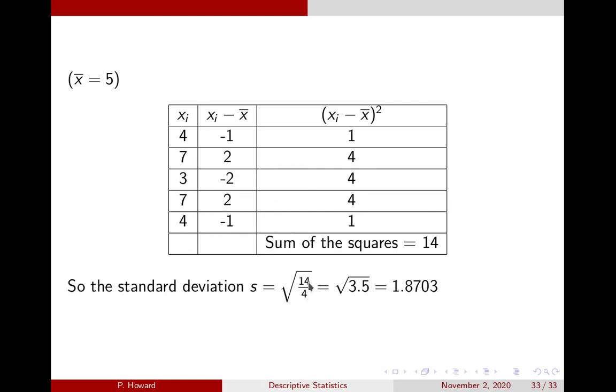You divide the sum of the squares by n minus 1, that's 4 in this case, and you take the square root. So 14 divided by 4 is 3.5, and the square root is 1.8703. This is the standard deviation done by hand in this fairly small example.